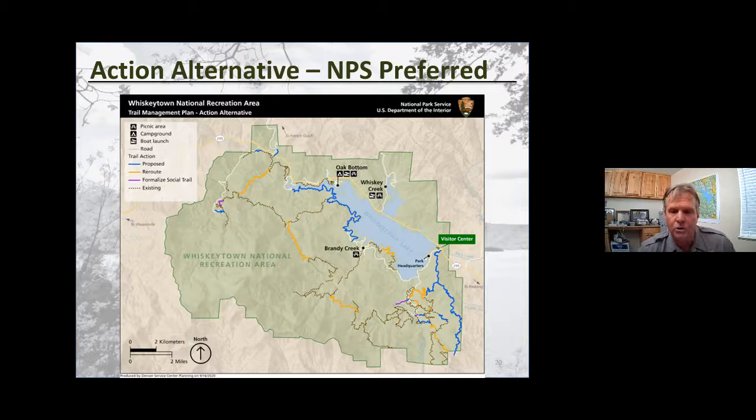We would like to add to the experience that people are having on BLM lands and have them be able to come over onto Whiskeytown lands and experience our lands and our trails. So we'd like to add more connectivity to the Swayze trail area, and one way we can do that is by installing the Shasta Divide Trail.